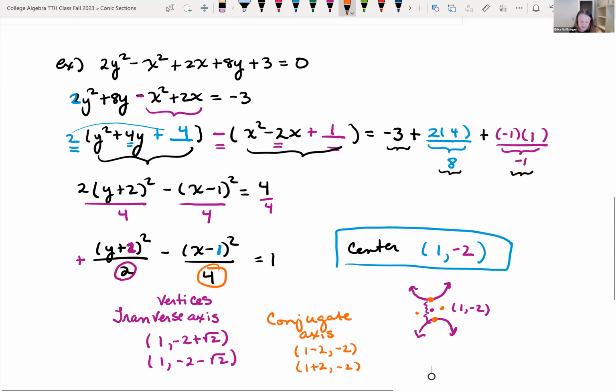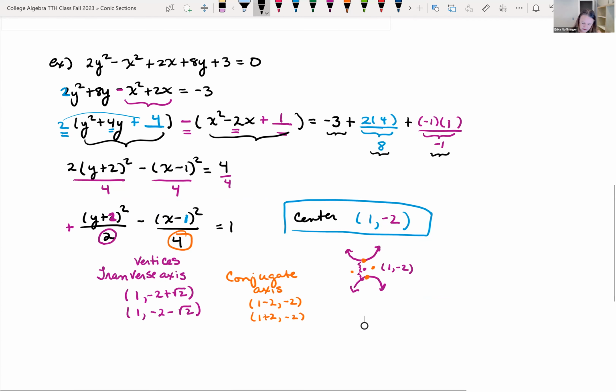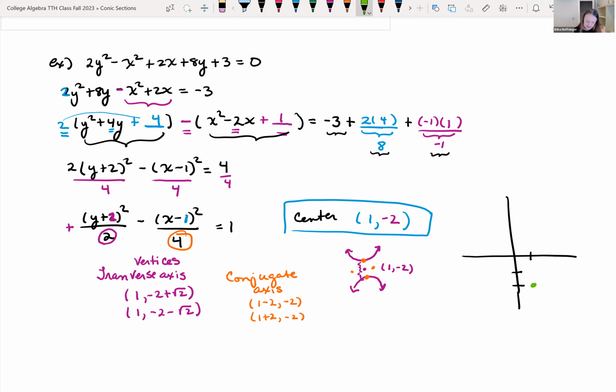So let me just graph that really quickly. So I have a point at 1, -2. That is my center. Vertices, so I have 1, -2, plus or minus root 2. So that is going to be a little bit above the x-axis and a little -2.